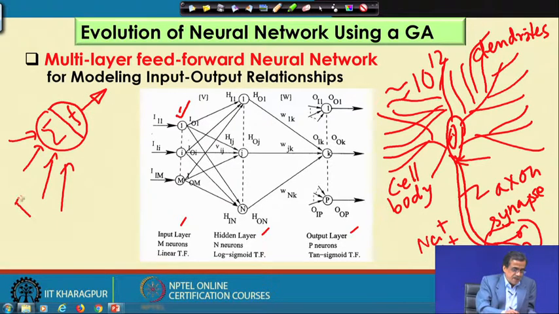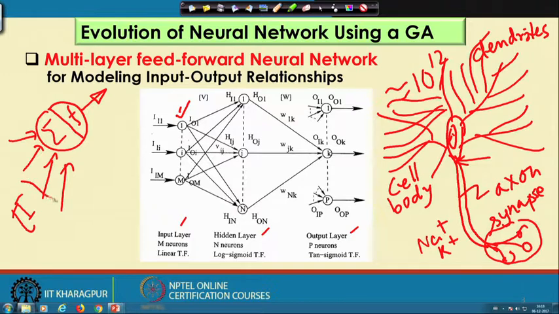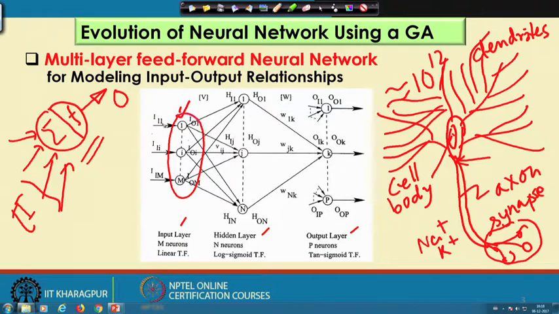So, the moment I pass the set of inputs, it will pass through the summing junction and the transfer function, and here I will be getting the output. So, the working principle of the biological neuron has been copied in an artificial way in this artificial neuron. Now, if I concentrate on a particular layer, say the input layer, I have got a large number of neurons here.